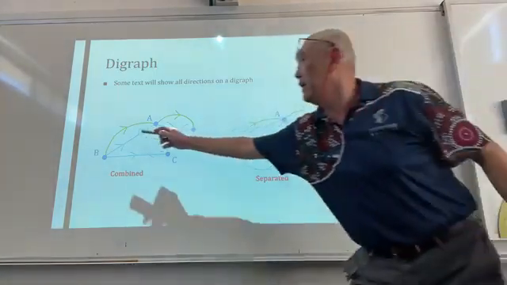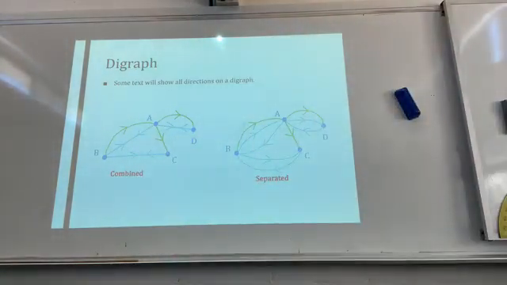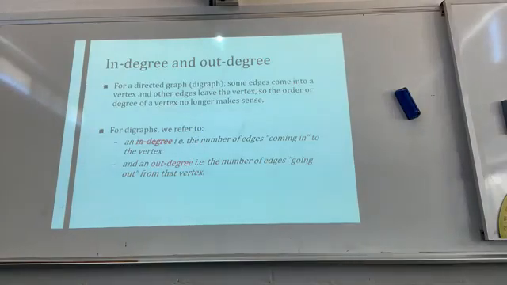Even here, you can see that there are two in and one out. So you should be able to work out the in degree and out degrees. Today I'm just giving you a lot of definitions. We'll start looking at some of the problems, and how to use all this will be later.